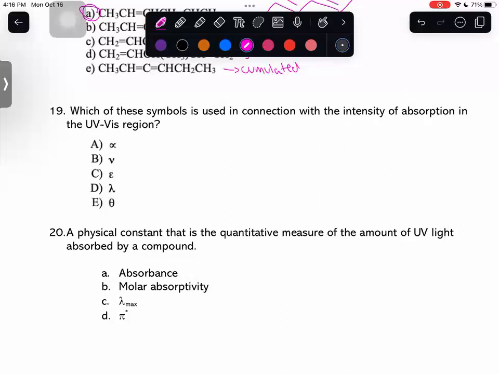Okay, the answer for 19 is actually epsilon, C. For 20, it's B, molar absorptivity. Now, here's the thing. This is all about an equation that he briefly mentioned in lecture. It's the Beer-Lambert law.